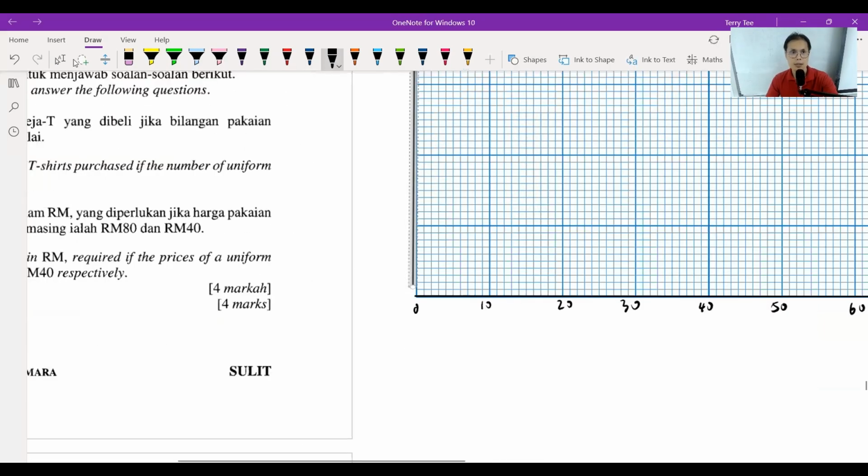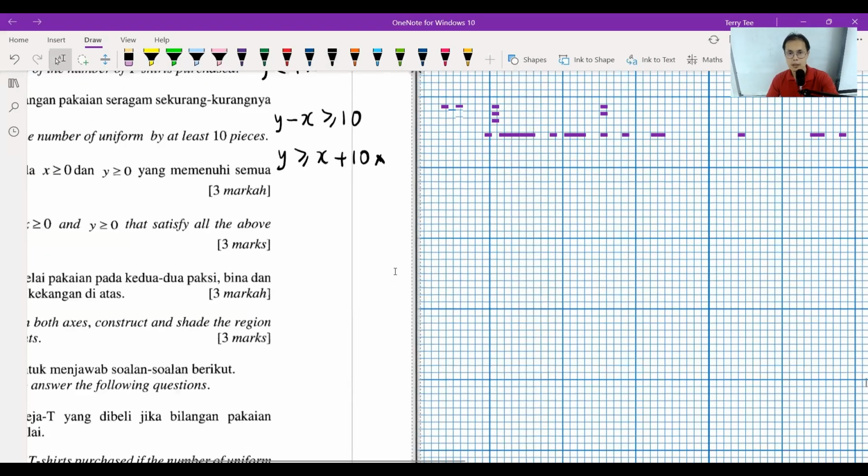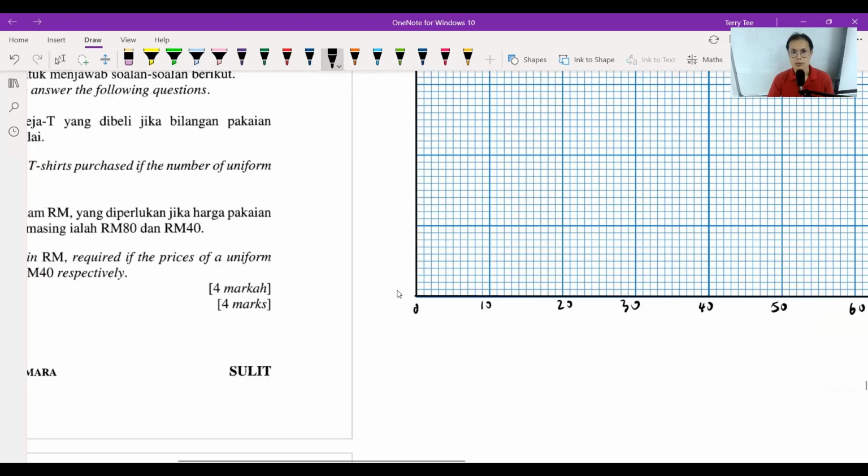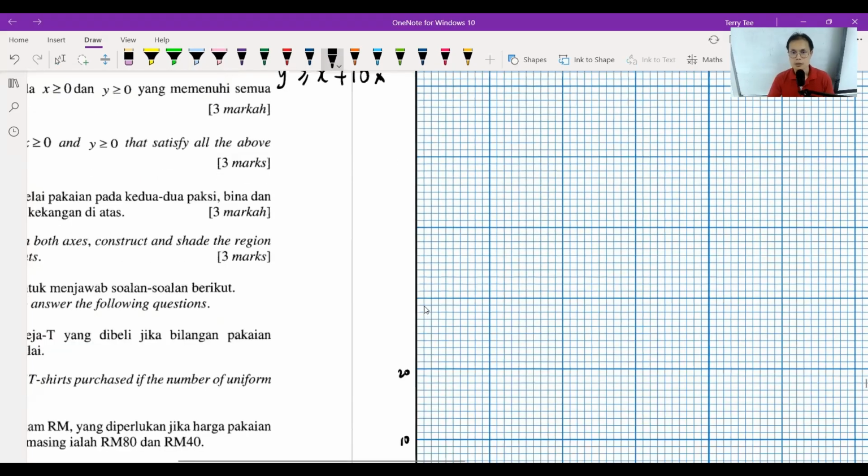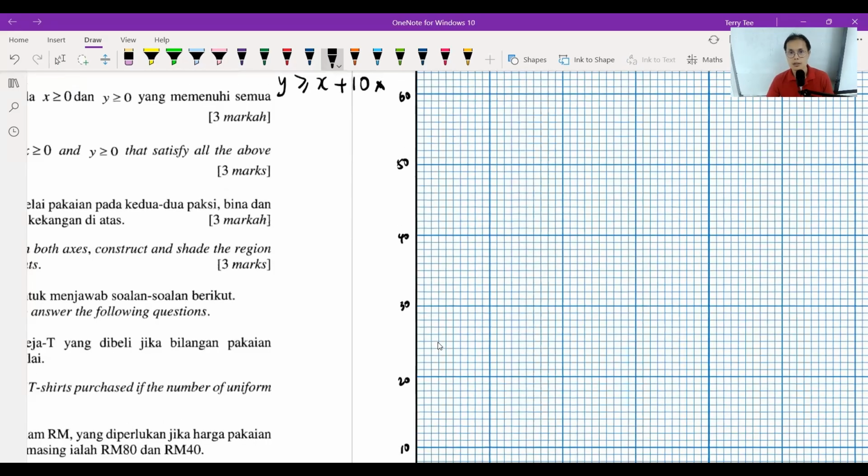Okay, let me just adjust this. Let's do x equals 10, 20, 30, 40, 50, 60, 70.